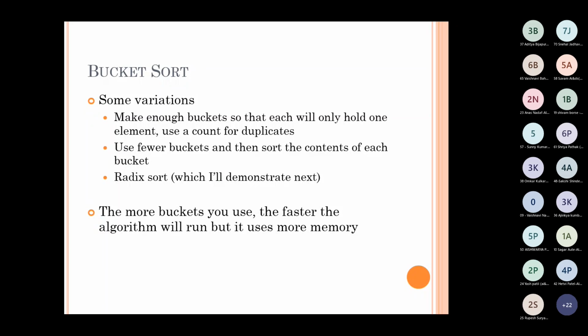Minimize the number of buckets, and sort the elements placed in each bucket first, and then concatenate the buckets. And the last variation is radix sort. Radix sort can also be considered as a bucket sort, but there the elements are placed based on their place value.